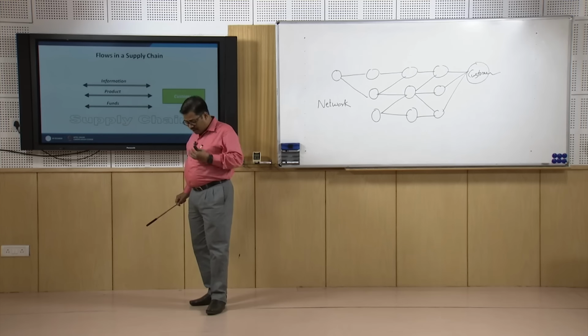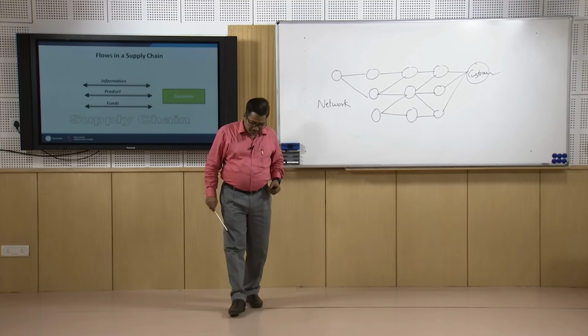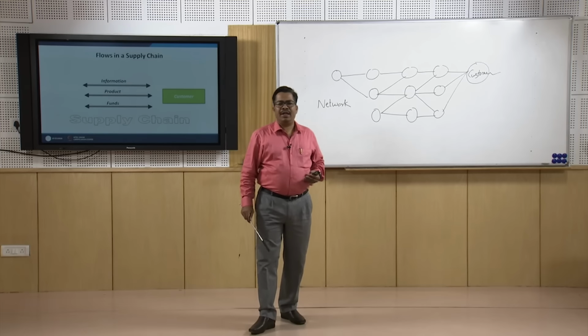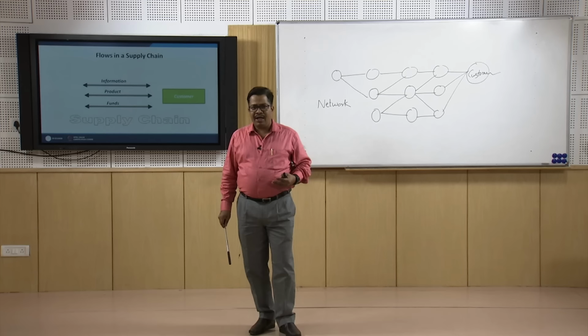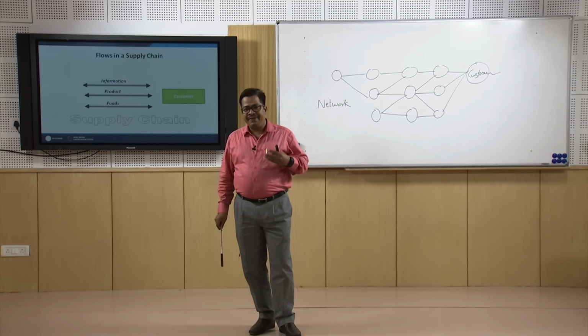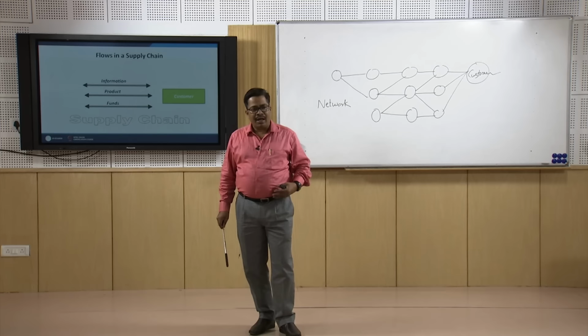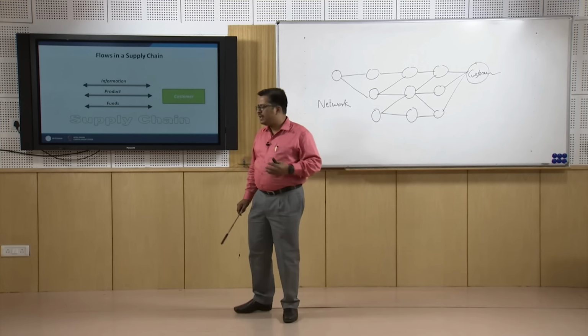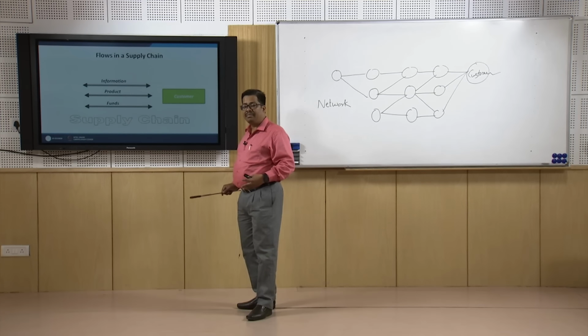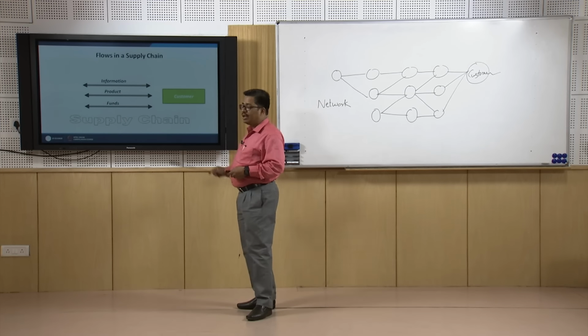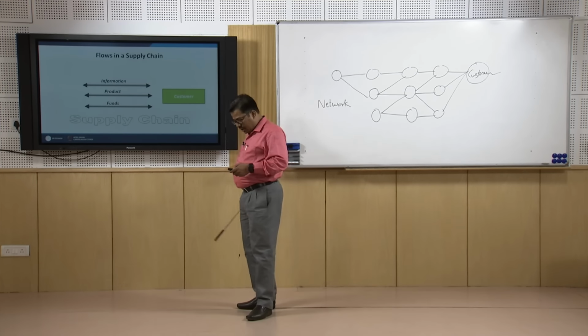But at the same time, when we are talking of supply chain analytics, the flow of information is equally important, because nowadays we are moving toward real time decision making in supply chains, and for that purpose the efficient flow of information and data is very important, so that our decision making becomes more efficient, more useful, helping the supply chain and ultimately the objectives of the organization.